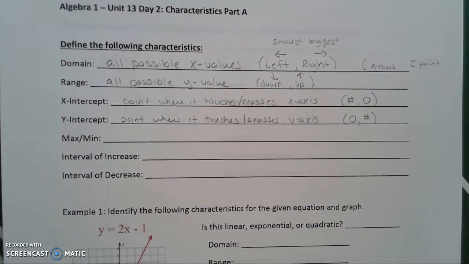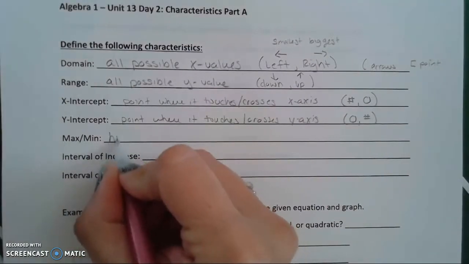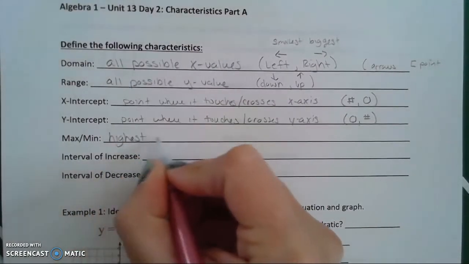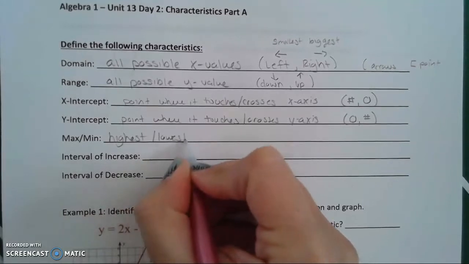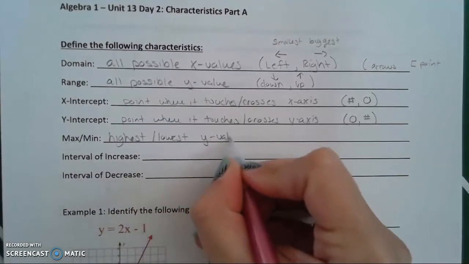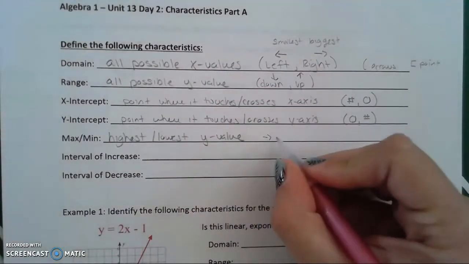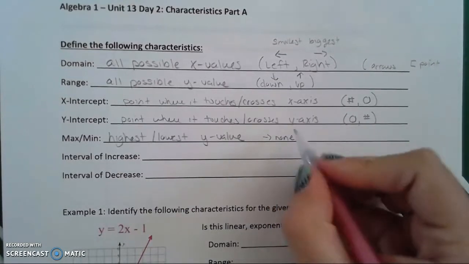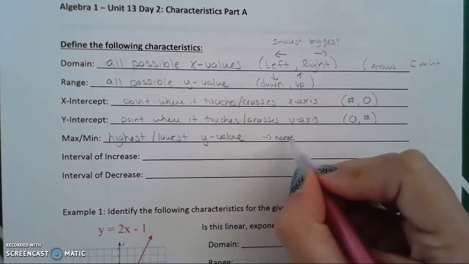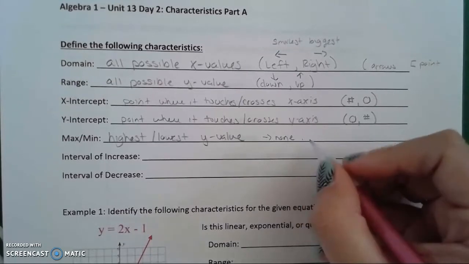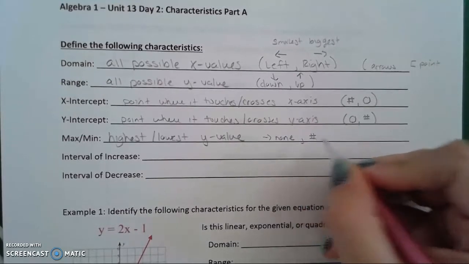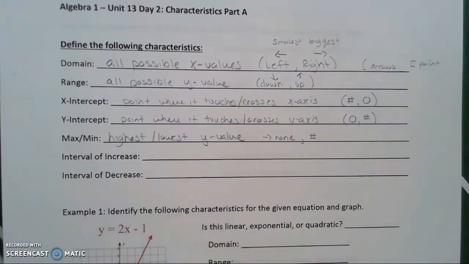So remember, a max or a min is going to be the highest or the lowest y value. Sometimes we have none. So answers could be none. That's if we have an arrow going up forever or down forever. And then sometimes our answer is a number. Remember, a max or a min could also fall at a vertex, which we'll look at again.